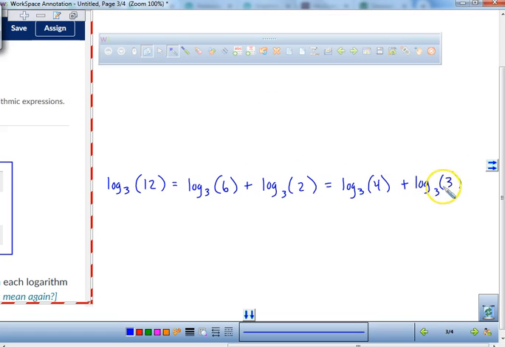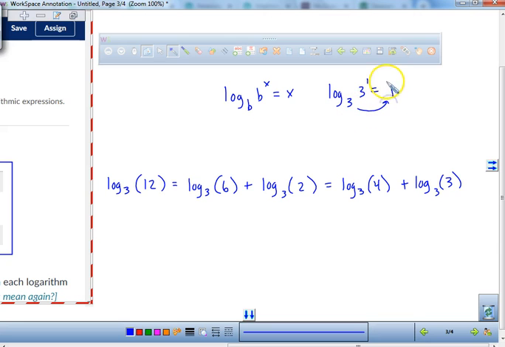Now here's kind of a cool rule right here. This right here always equals 1. All right. So something you need to know, if I have log base b of b, what is that going to equal? Well, whatever that number is, that will equal 1. So if I have log base 3 of 3, that will equal a 1 because that's the power of 1.